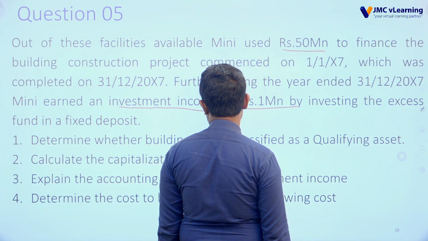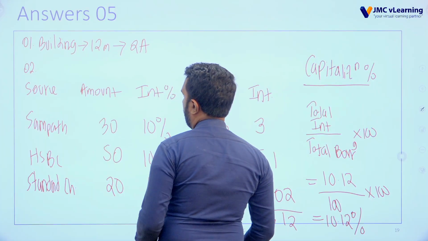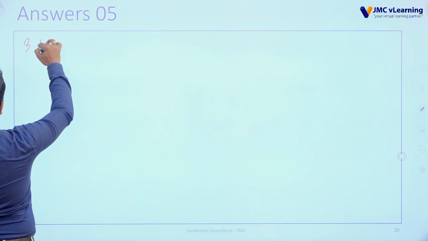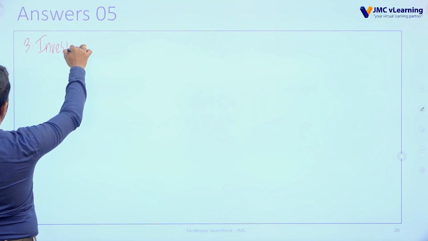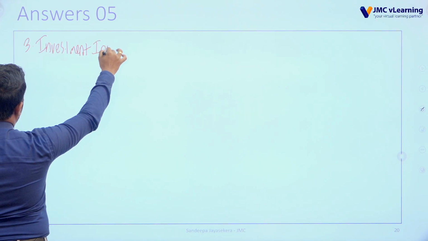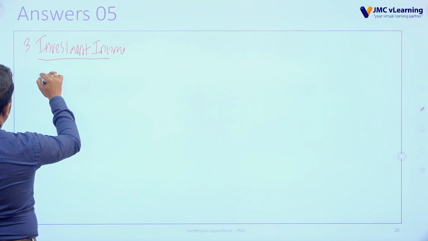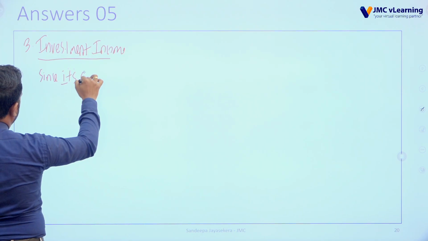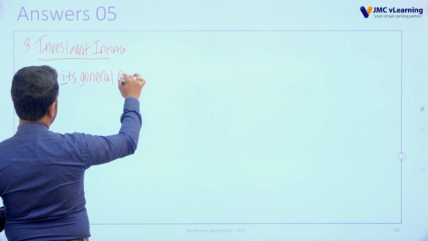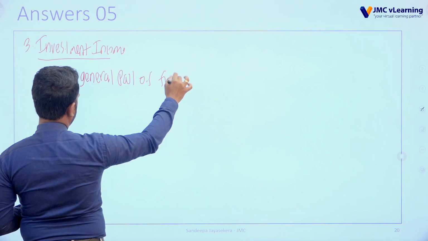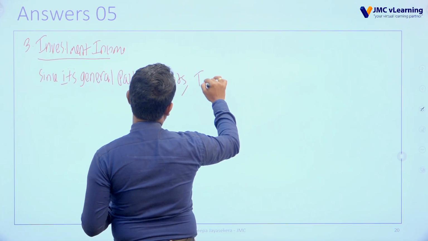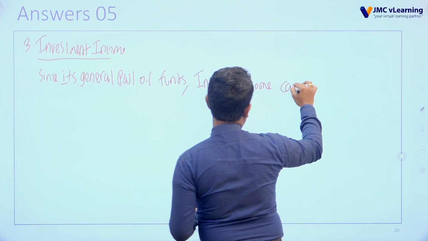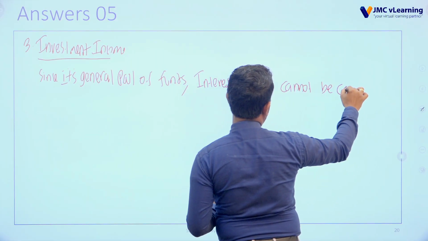Thirdly, you have been asked to explain the accounting treatment for the investment income. So this is the third part. Since it's a general pool of funds, interest income cannot be capitalized.